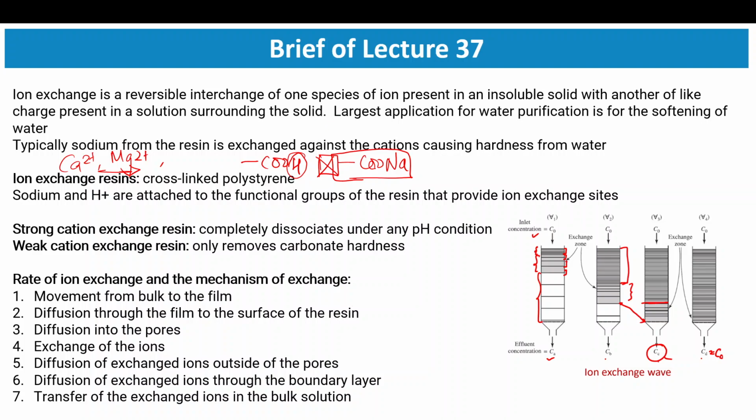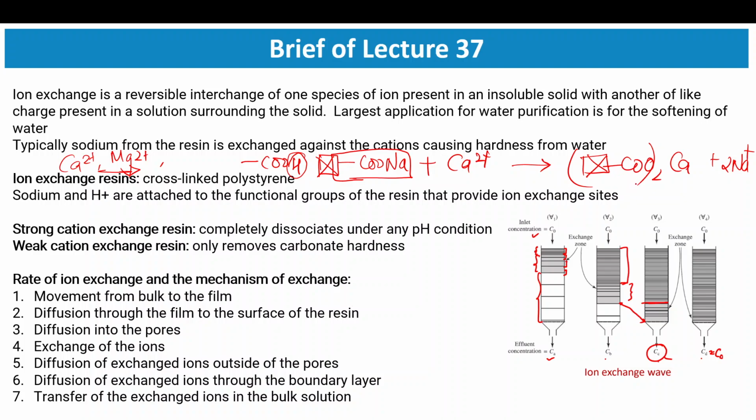Now this COONa, when it comes in contact with, let's say, hard water containing Ca2+, the exchange will be such that, because the valency is 2, Ca plus 2 Na will be released from this resin. So this is the reaction which goes on when the ion exchange takes place.